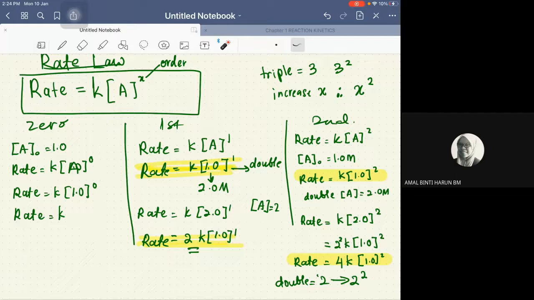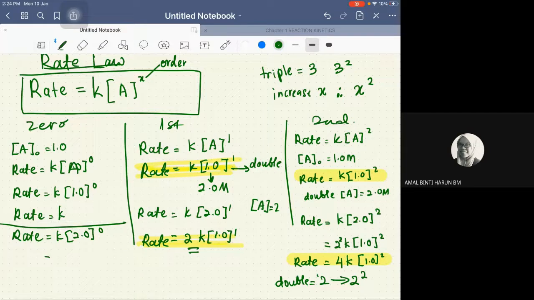Okay. Zero order, berapa banyak pun concentration yang kita tambah, dia akan tidak mempengaruhi rate. So ini 1 molar. Bila kita letak 2, kalau kita increase jadi 2. Okay, bila kita double concentration, 2 power of 0.